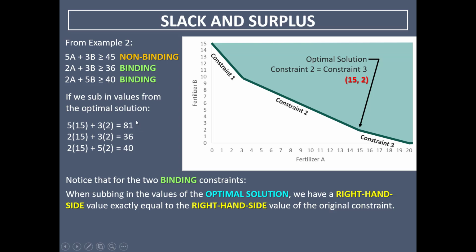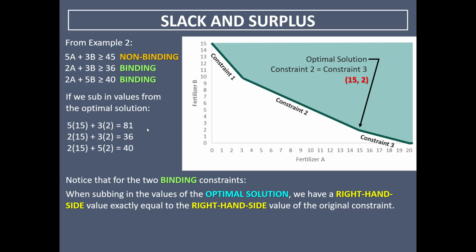We notice that that is not what happens at our non-binding constraints. And this here helps me determine how much slack or how much surplus we have. So again, remember, at non-binding less than or equal to constraints, we will always have slack. At non-binding greater than or equal to constraints, we will always have surplus.